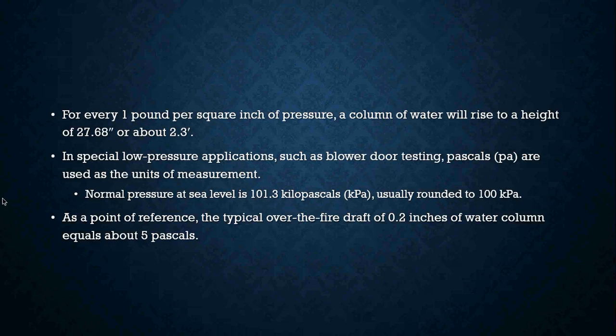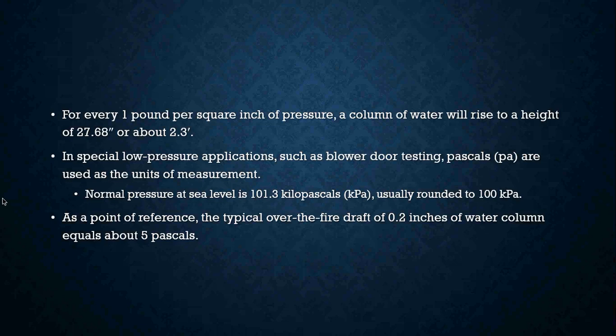In special low pressure applications, such as blower door testing, which is a very good certification to have in your tool belt for checking home efficiency, we measure in pascals. Normal pressure at sea level is 101.3 kilopascals, usually rounded to 100 kilopascals.